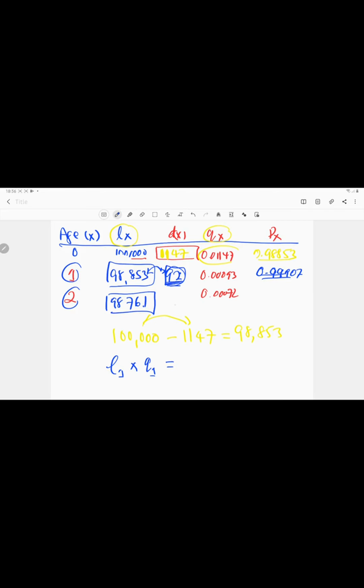So if you want to get the number of people that died, you multiply by the probability there to get this value. And when you want to get this value here, you subtract from this number. This is the way we can present it.